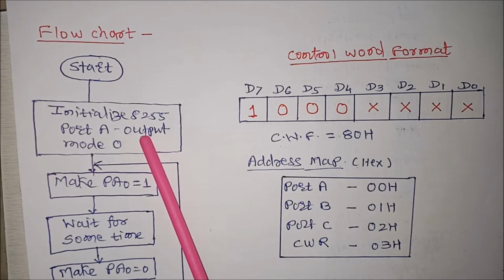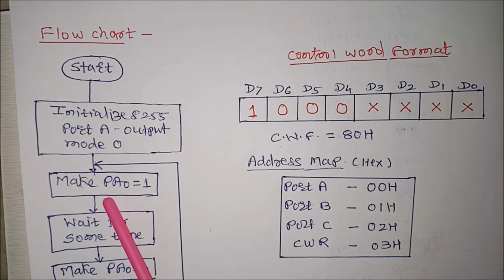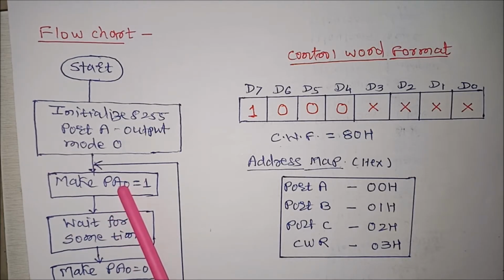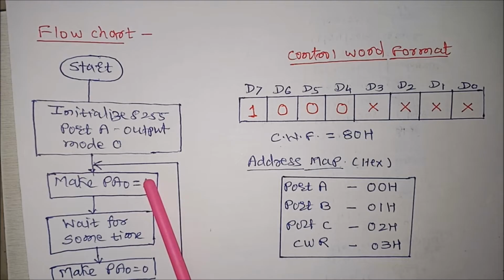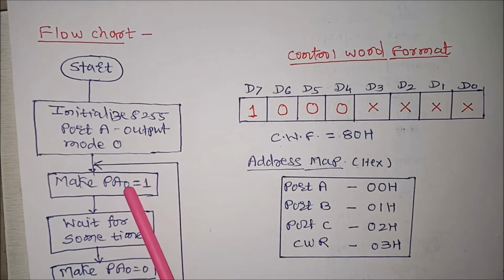Now the next thing is, since I want to turn the LED on and off, how to control a single bit. We have assumed the LED is connected in common cathode and is connected to the PA0 pin. So to turn the LED on, PA0 must be equal to 1. We will write an instruction to make PA0 equal to 1.